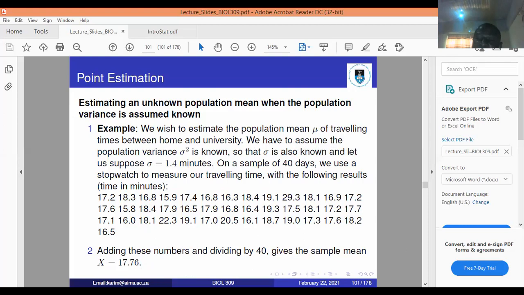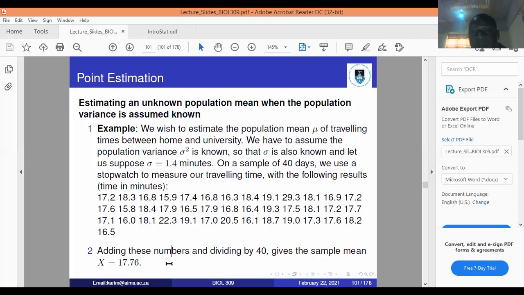Now the question is, can we generalize that on average it will take 17.76 minutes to walk to the university? Can we say that? We have to check how confident we can be in making this particular statement.